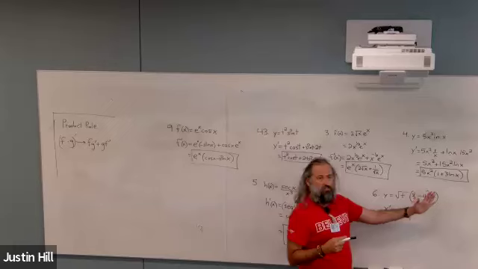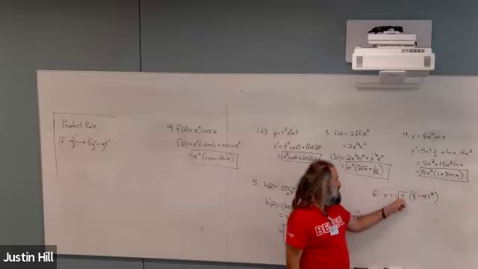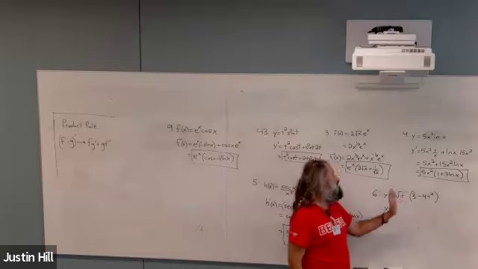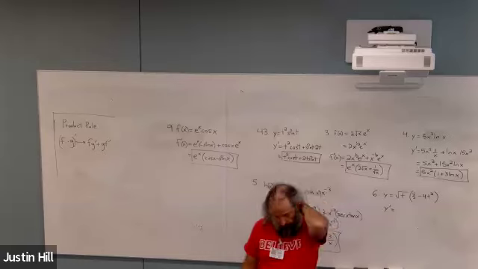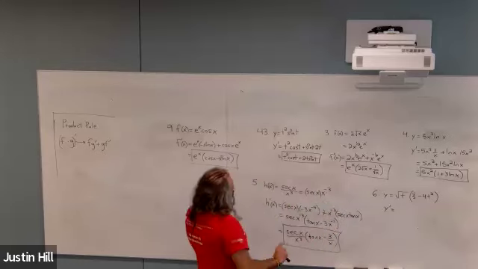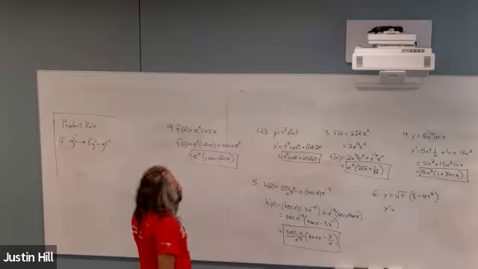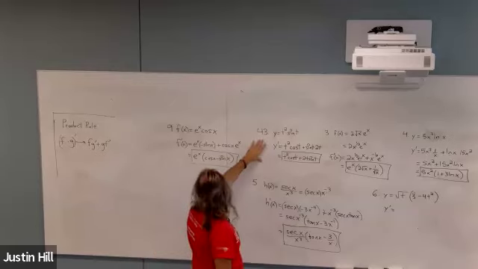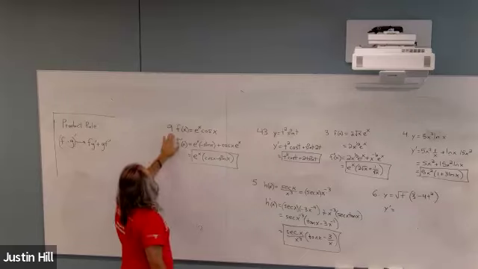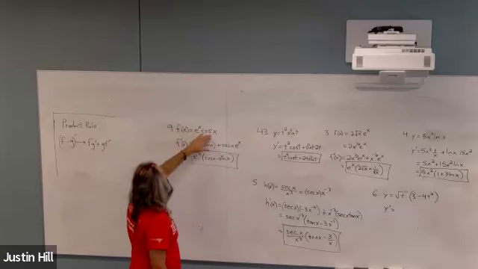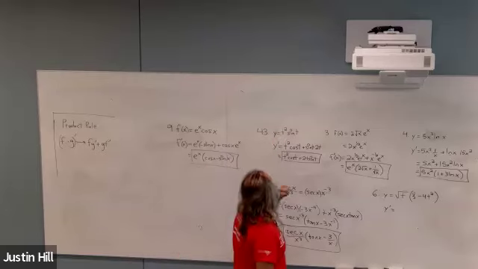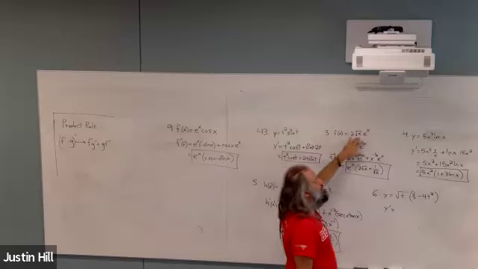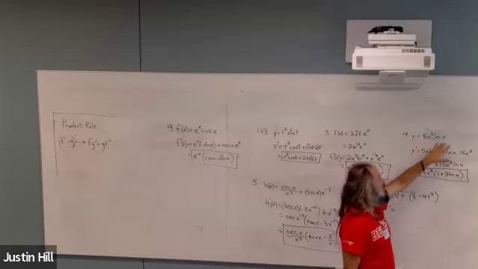Now, we could just play this out like all the others, taking the first times the derivative of the second plus the second times the derivative of the first. But I do want you to notice that in all these other examples, you had two different types of functions: exponential and trig, power and trig, radical and exponential, power and natural log.